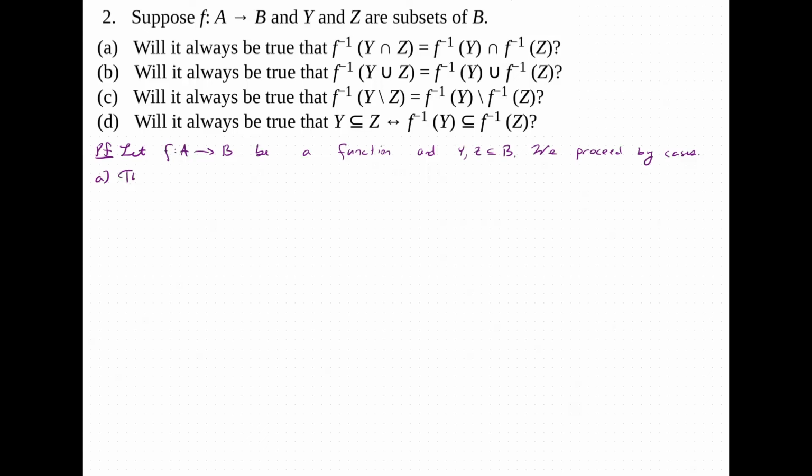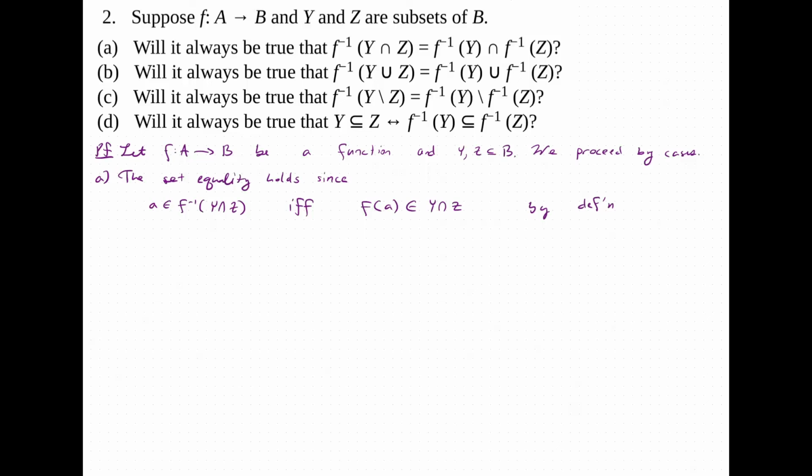The set equality holds since, and now we're going to choose A to be in the inverse image of y intersect z, and now this is equivalent to f of A being in the intersection of y and z by definition.